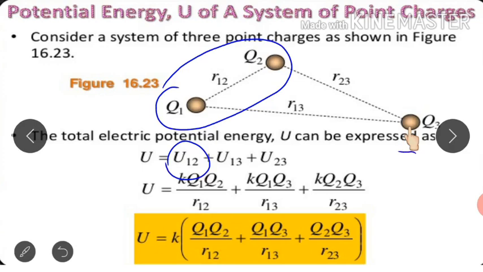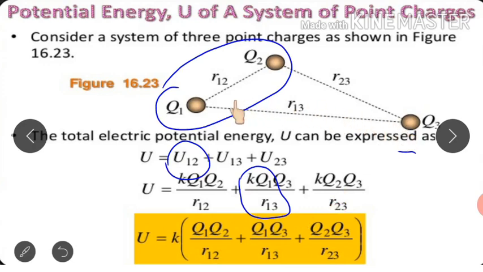Now at this point, what will be the electrostatic potential due to Q1 when Q3 is brought here? If we talk about the potential of Q1 at this point, it will be K Q1 upon R13. So that is why we have written K Q1 upon R13.